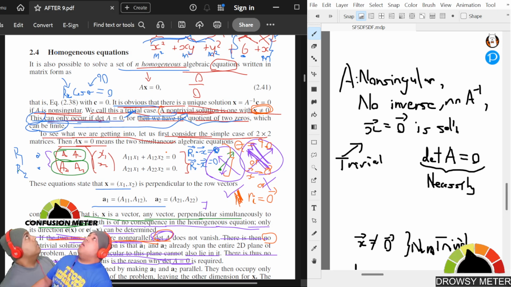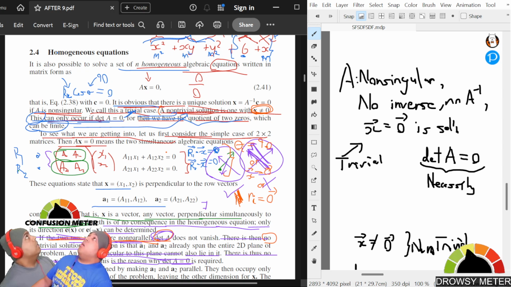It's obvious that there is a unique solution, x equals 0, if A is invertible. Yes, we call this a trivial case: trivial, x equal to 0. A non-trivial solution is one with x having something in it.